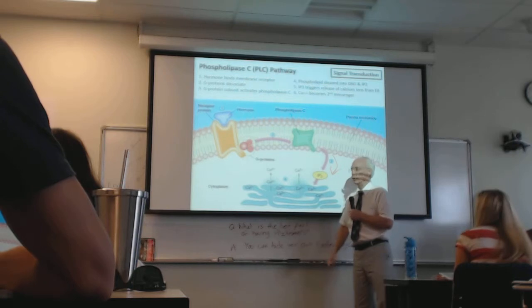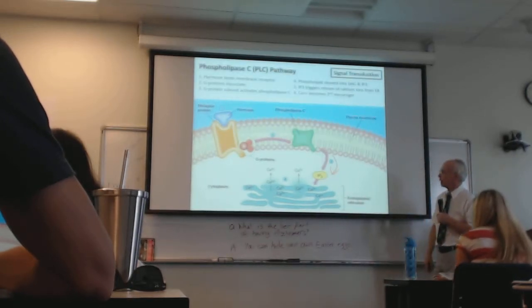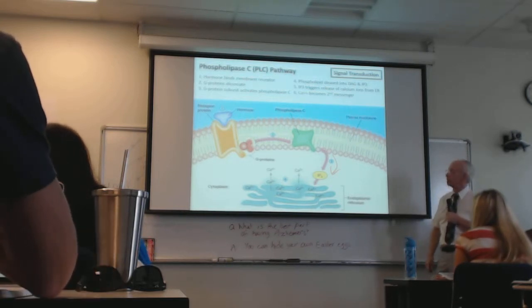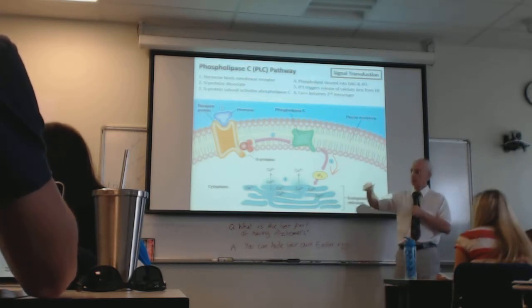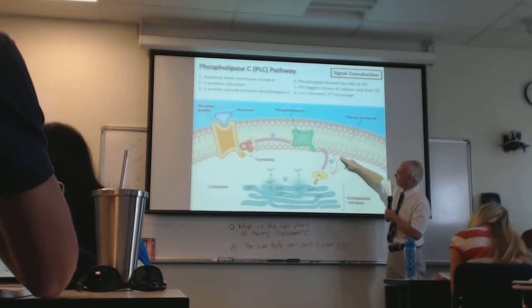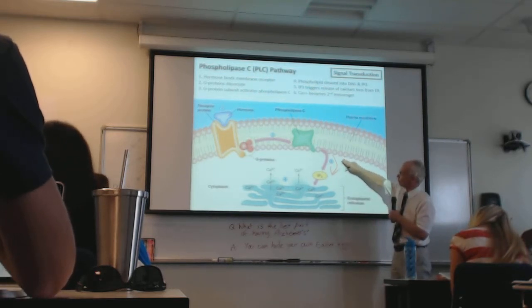I would call it more of a switch, but fine. If you want to tell me that calcium is a second messenger in the PLC pathway, that's fine. You should be aware of that. But for me, our rule is a more formulaic and comprehensible recipe for understanding this process.